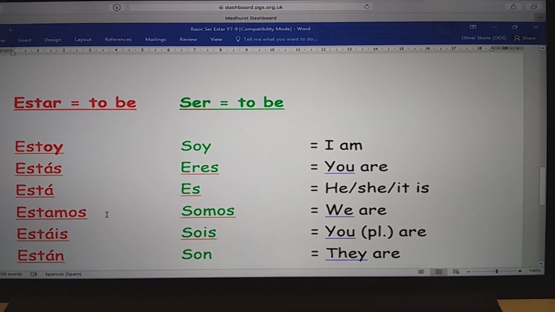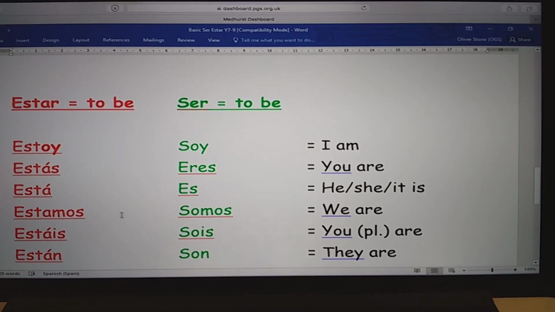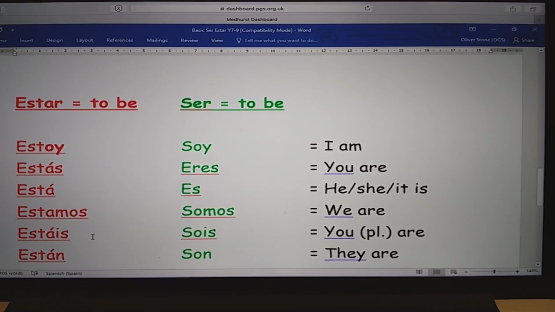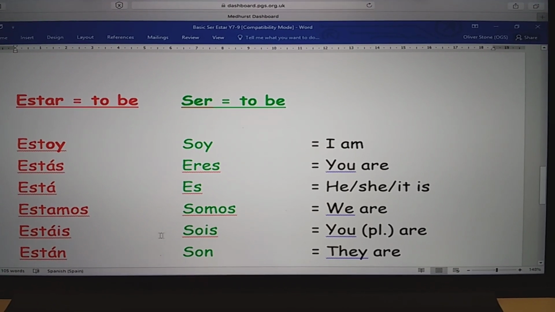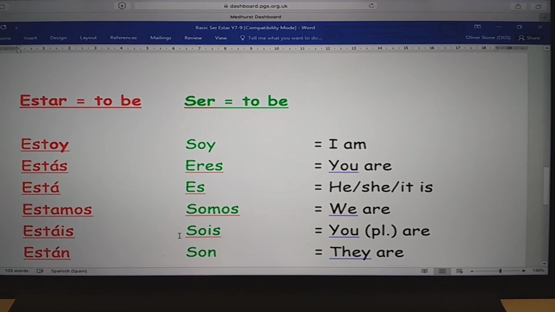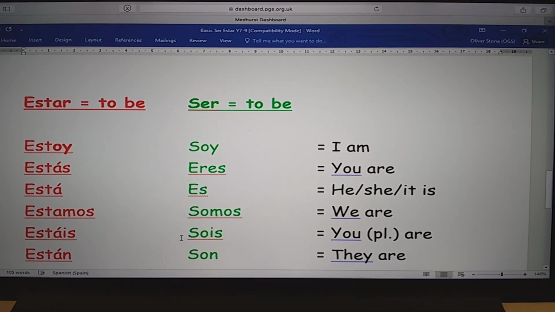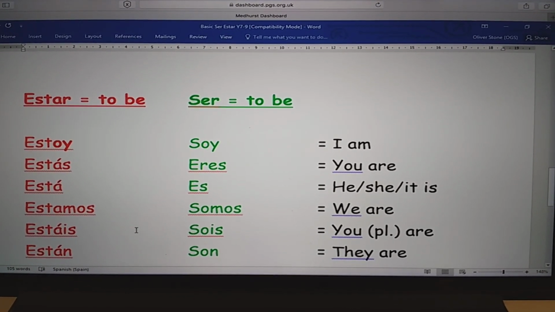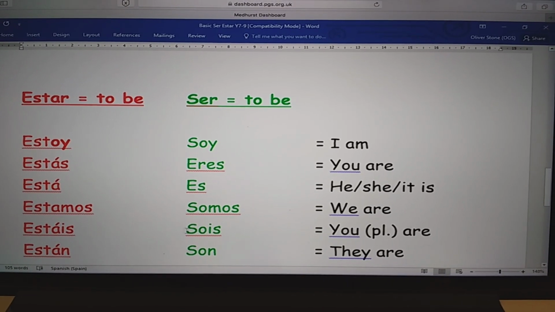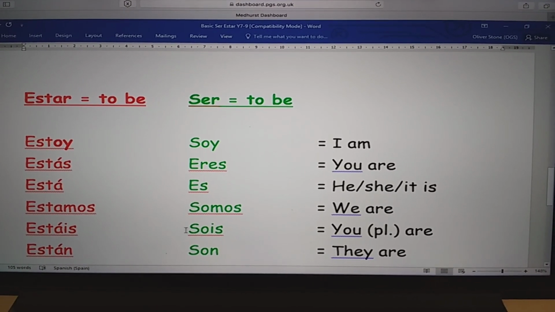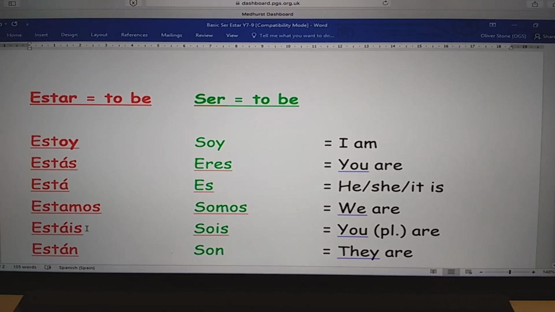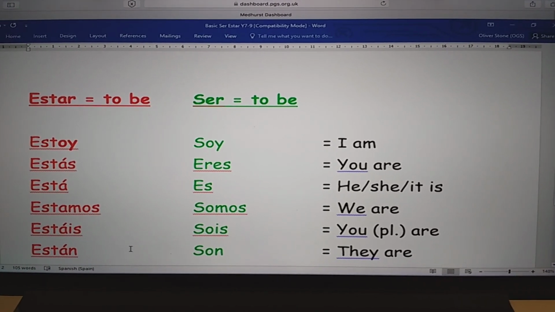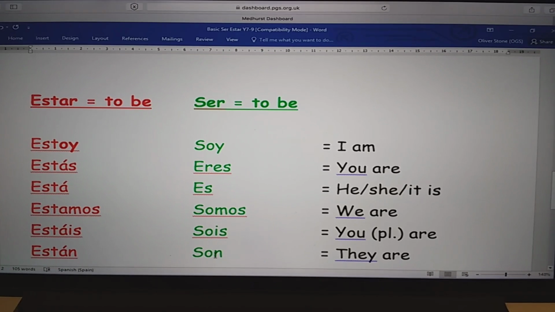Then we are is estamos or somos, depending on which one you're going to use. Okay. Then estáis or sois, you plural are. Alright. So again, we need to know which one to use when. So sois will obviously be for a long-term characteristic, estáis for location or temporary state. And then we finish off with they are, están or son. Okay?